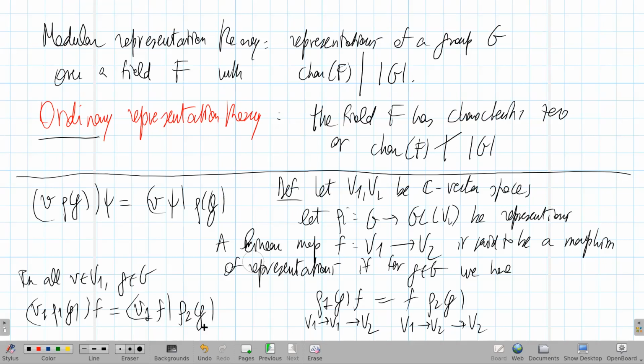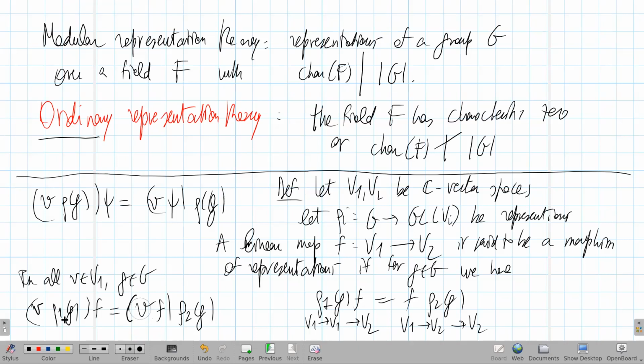So it's similar to what happened with Maschke's theorem, except that you have two representations, one on V1 and one on V2. So if v is an element of V1, you can apply rho 1 of g to it. Then if you apply f to v, you go to V2, and then you have to apply rho 2.